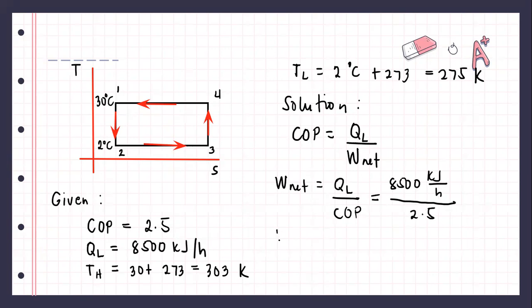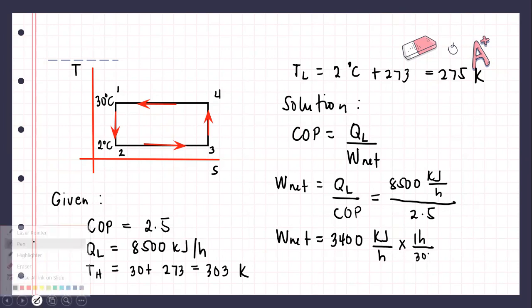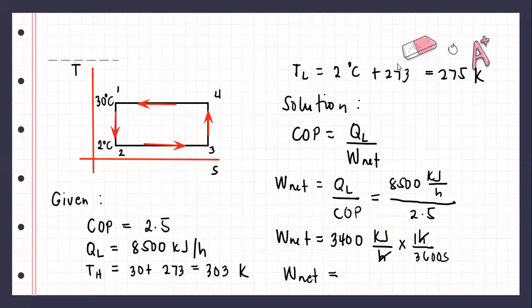W net is equal to 3,400 kilojoule per hour times 1 hour over 3,600 seconds, equal to 0.94 kilowatt. Joule per second is watt.